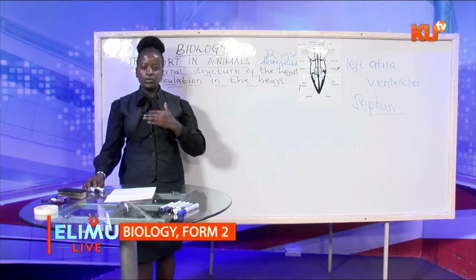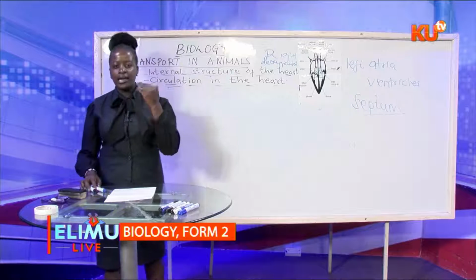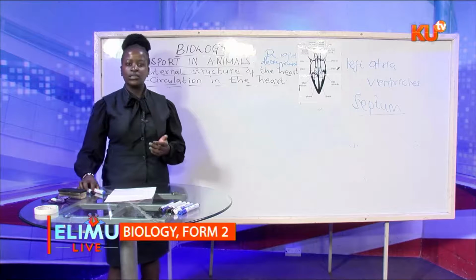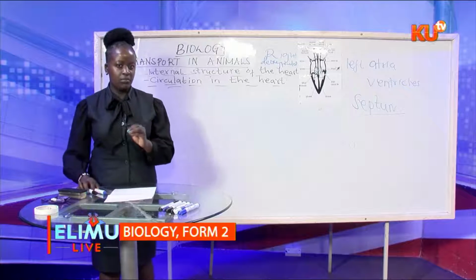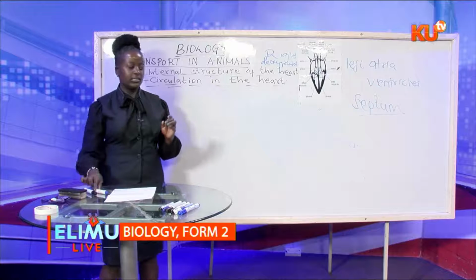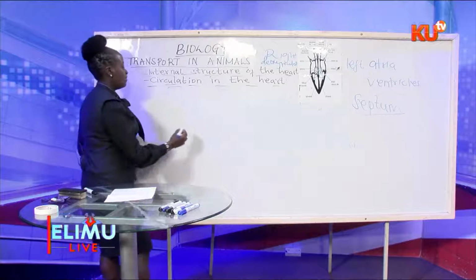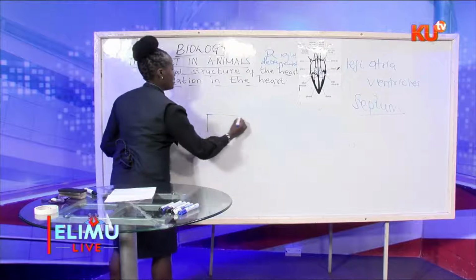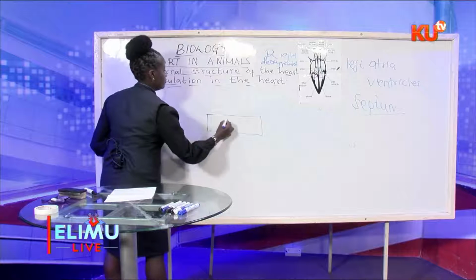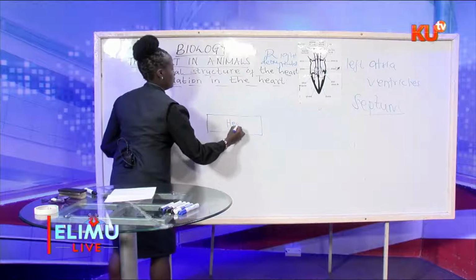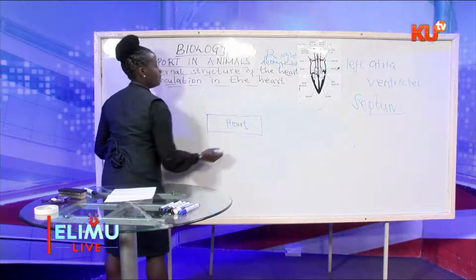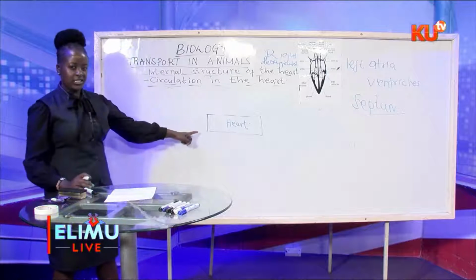Now, we're going to illustrate circulation in 4 simple boxes. The first box is going to represent our heart. So this is where the blood will originate.